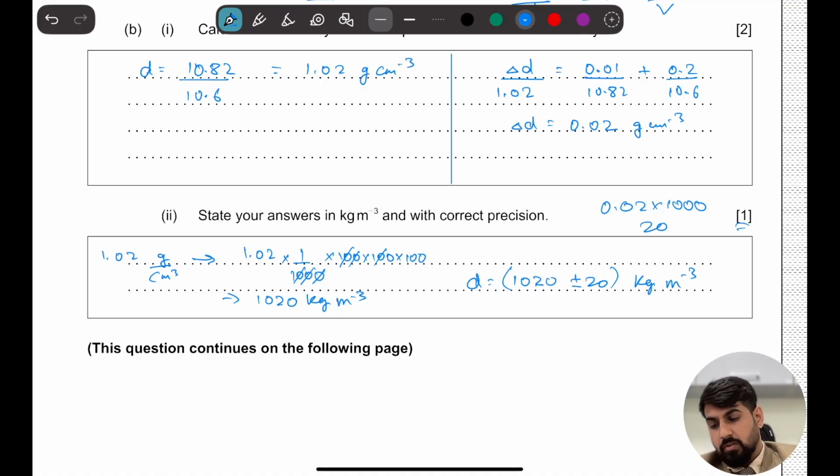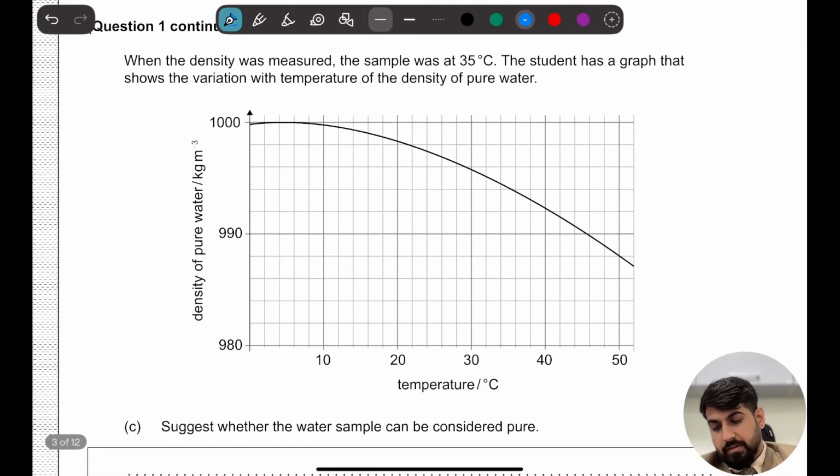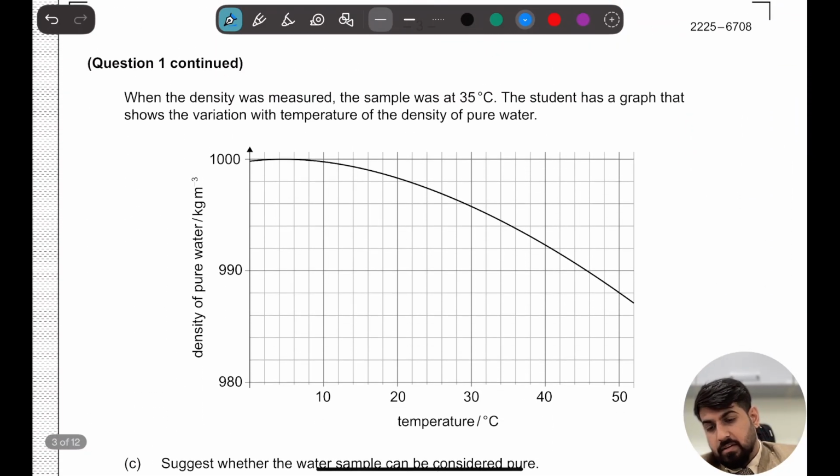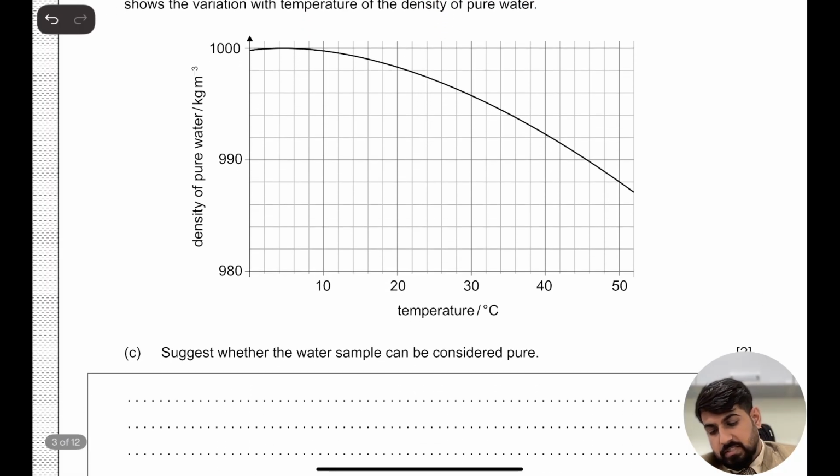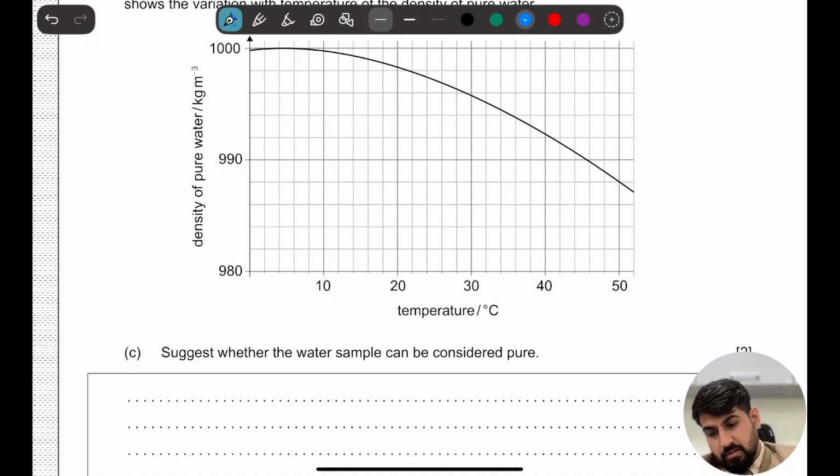Okay, so I hope it is clear. And now it is saying that when the density was measured, the sample was at 35 degrees Celsius. The student has a graph that shows the variation with temperature of the density of pure water, right? So what they are asking is to suggest whether the water sample can be considered pure or not. Now if you look at the graph, this is 30, this is 40, so somewhere in between it will be 35.